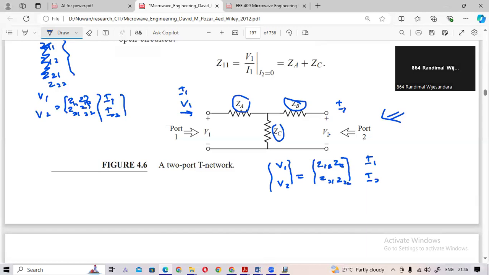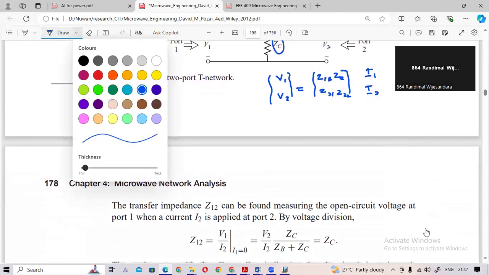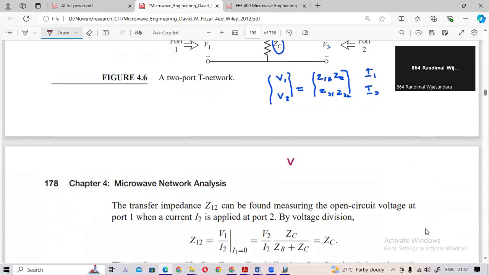Now I can write the equation. V1 is equal to, considering this row first, Z11 I1 plus Z12 I2.